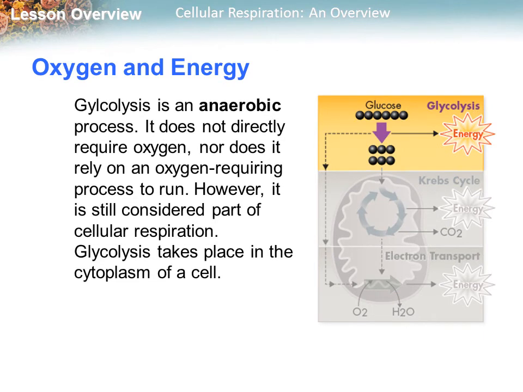Glycolysis is an anaerobic process. It does not directly require oxygen, nor does it rely on oxygen-requiring processes to run. However, it's still considered part of cellular respiration. Glycolysis takes place in the cytoplasm of a cell.